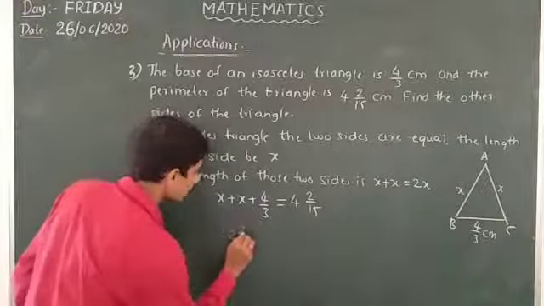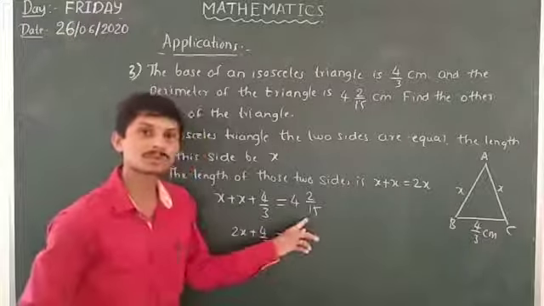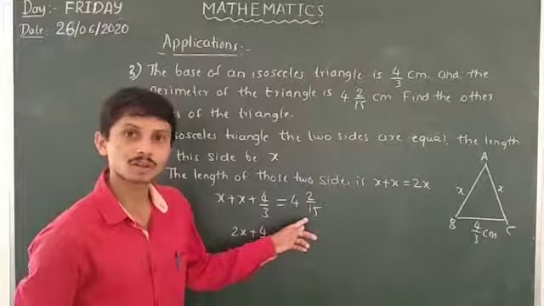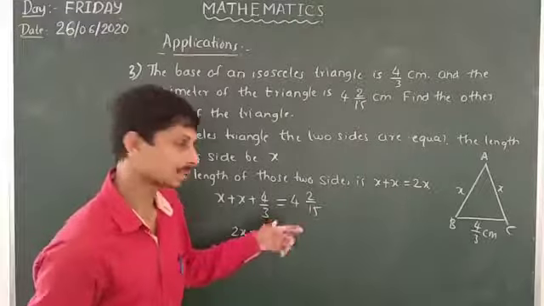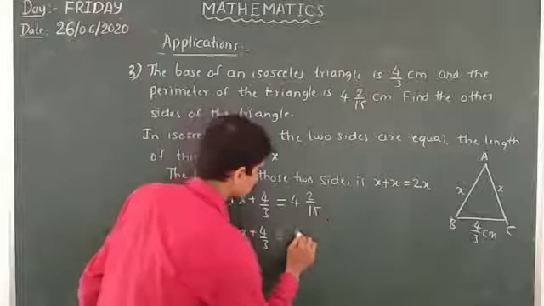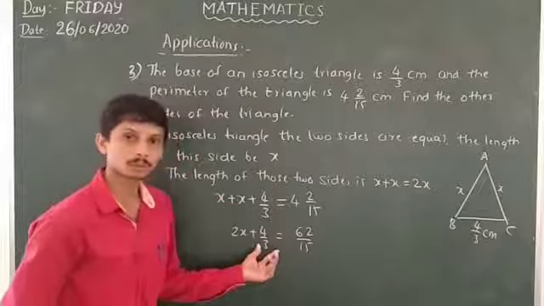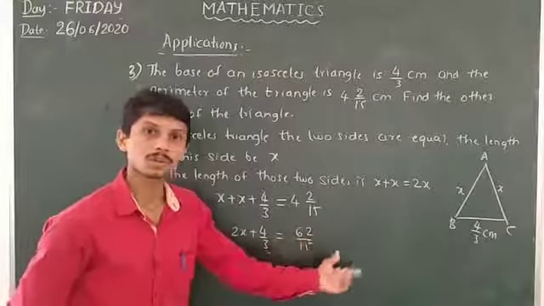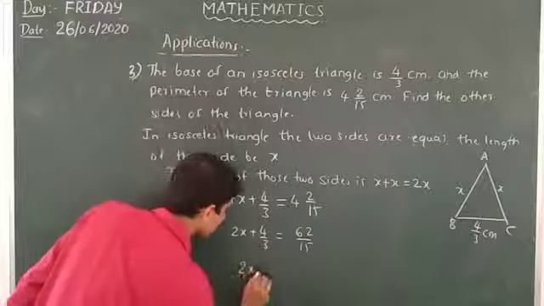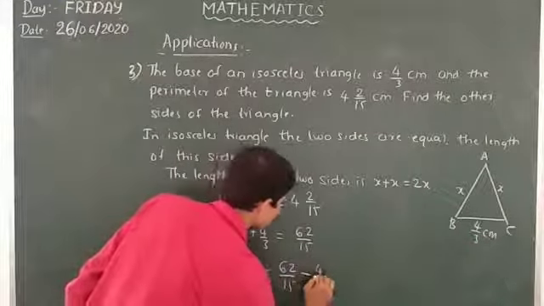So 2x plus 4 by 3 is equal to, we have to solve this mixed fraction. So we have to convert into the fraction. So here 62 by 15 is there. So we have to transpose this 4 by 3 to the RHS. 2x is equal to 62 by 15 minus 4 by 3.